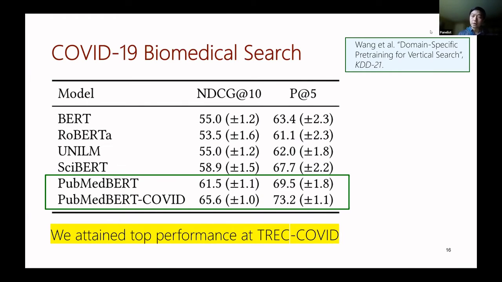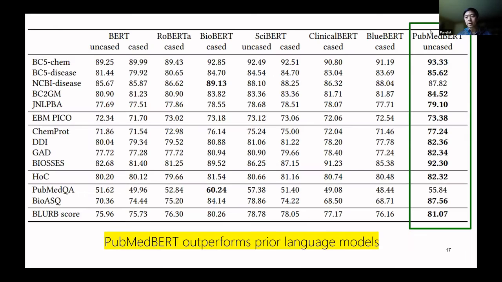For example, in COVID biomedical search, we tried GPT-3 fine-tuned on PubMed text, which arguably is one of the largest models you could try, right? But somewhat surprisingly, it actually merely performed on par with regular BERT and trailed PubMedBERT by a large margin. Similarly, on a variety of biomedical NLP tasks, PubMedBERT and domain-specific training have conferred a significant performance gain.